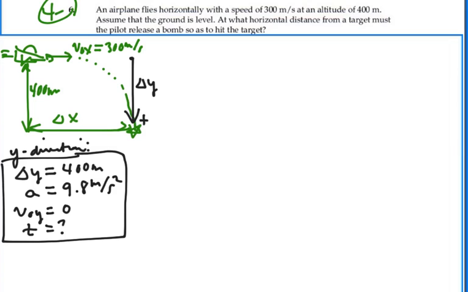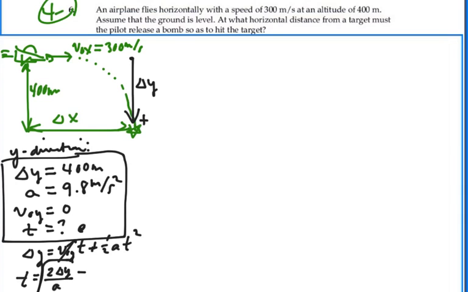Looking for time, we're going to have that displacement will equal initial velocity in the y direction times time plus 1/2 acceleration times time squared. Initial velocity being 0, that means time is going to equal the square root of 2 times the displacement over the acceleration.